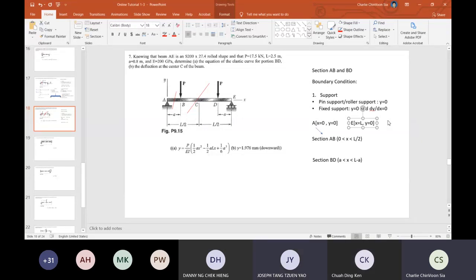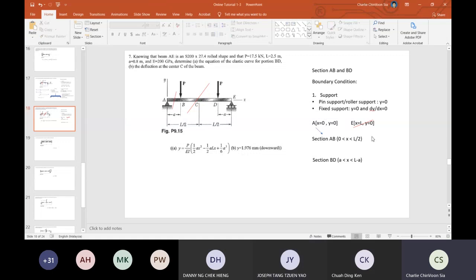Okay, you will get a wrong answer. So you need to ensure that the boundary condition is valid for that particular section. Okay, so this is from the support. This one is not valid, so out. It cannot be applied anymore, right?